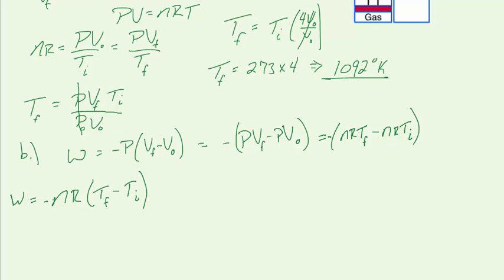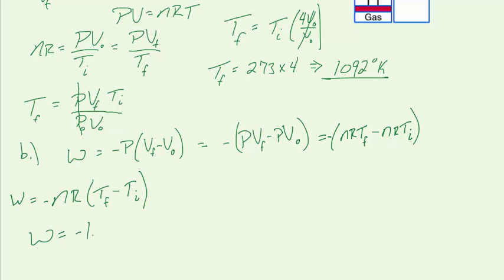Since we know how many moles of gas we have, and R is a constant, and we calculated our final temperature in part A, and our initial temperature is given to us, we can calculate the amount of work that was performed on the gas.